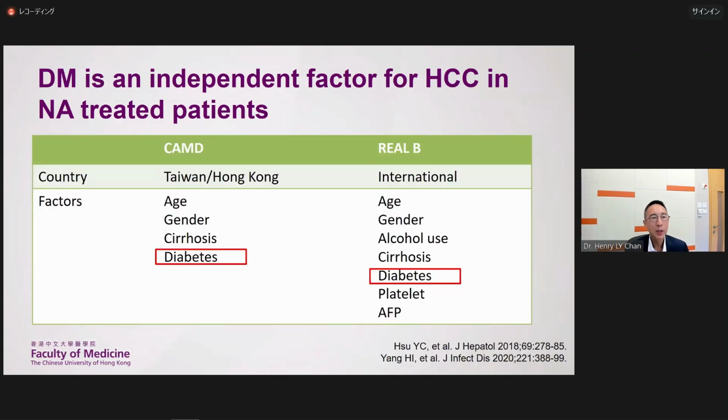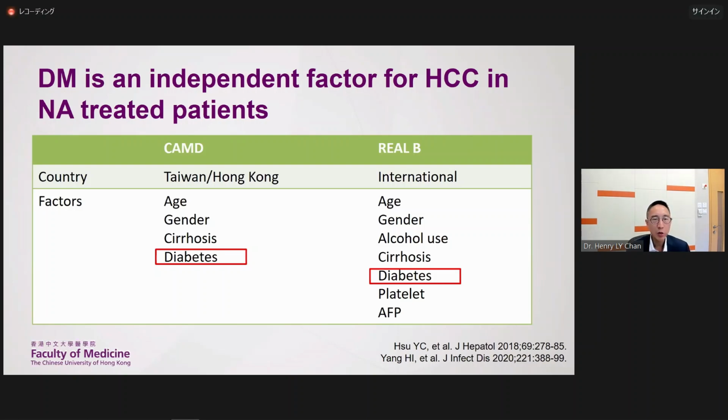Now, last, I want to touch on diabetes. We know that diabetes has been found to be an independent risk factor of liver cancer in many, many studies. And in any treated patient, it's the same case. There are two scores, one is the CAMD score, and another REAL-B score. They also found that diabetes should be a factor in this risk score.